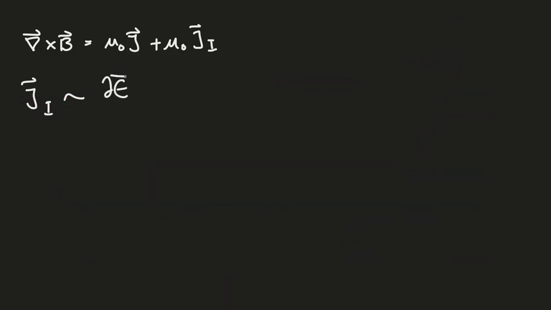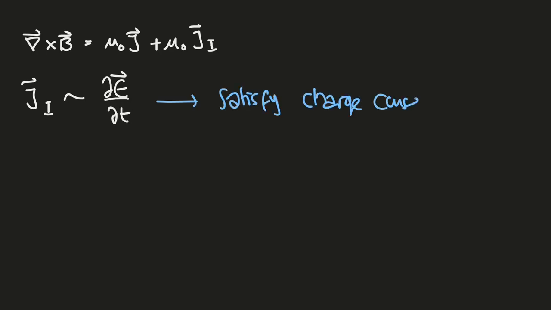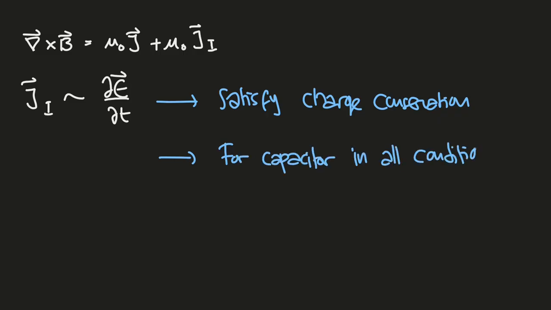By this proportionality, it may satisfy charge conservation, and second, the capacitor circuit works in all conditions. So to make charge conservation hold, we make this equality: J capital I equals epsilon 0 times the first derivative of the electric field with respect to time.